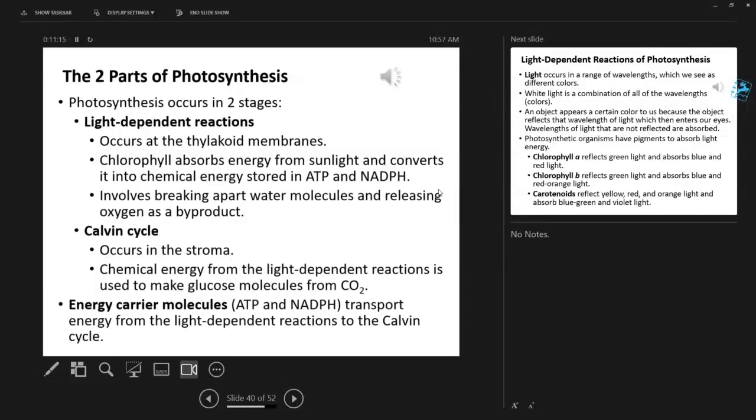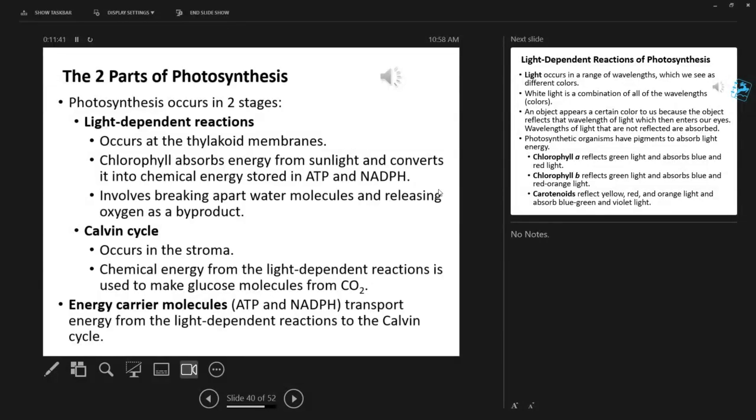The Calvin cycle is sometimes called the dark reactions, but that's not a good name for it. It does not require light, but it happens whether there's light or not. So it doesn't happen only in the dark. This is where the light is used, in the light reactions.